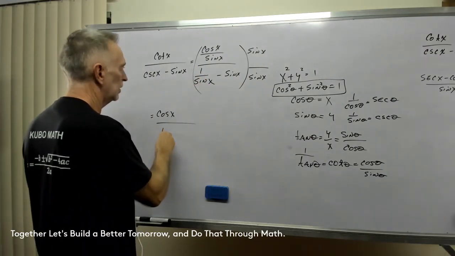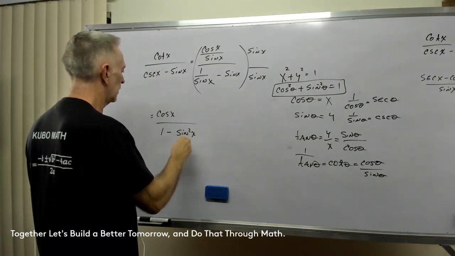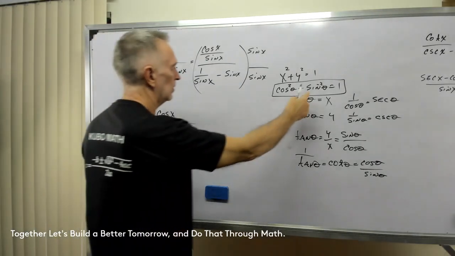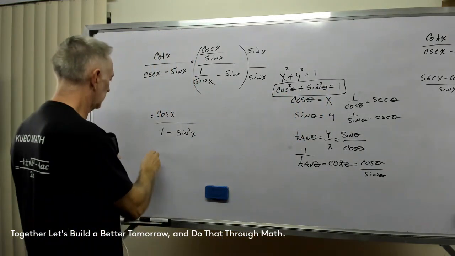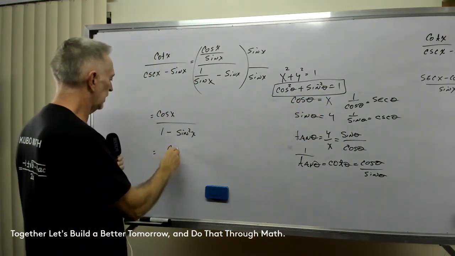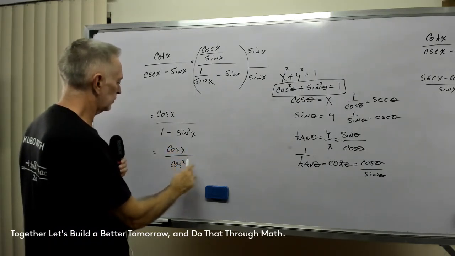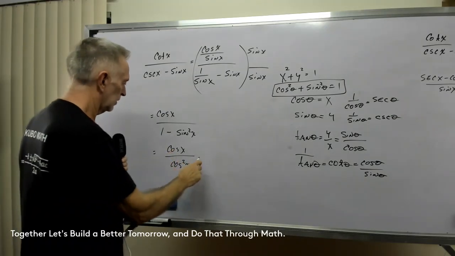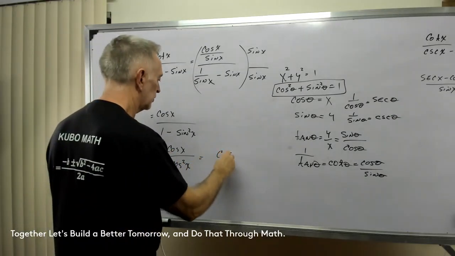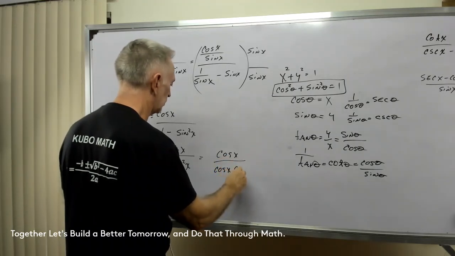over 1 minus sine squared x. Oh, look at this. 1 minus sine squared would be cosine squared. So we have cosine x over cosine squared x. Let me rewrite this as cosine x divided by cosine x times cosine x.